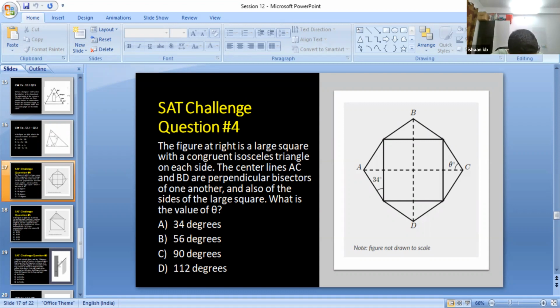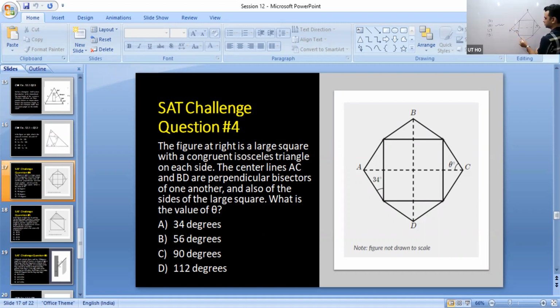Sir, B. Okay, Chinmay is saying B. So they are congruent triangles.